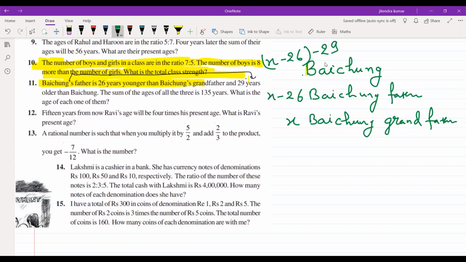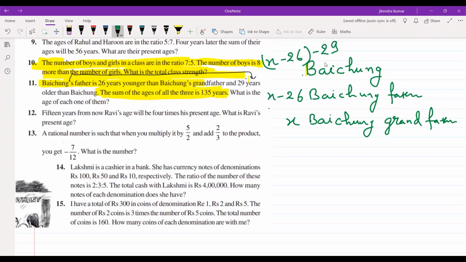Okay, so these are the three ages. Baichung's grandfather that we have considered as x, then Baichung's father is 26 years younger, so it means x minus 26, and then Baichung is again 29 years younger than his father, so it will be x minus 26 minus 29. So we have all three ages now, and it says the sum of the ages of all three is equal to 135.